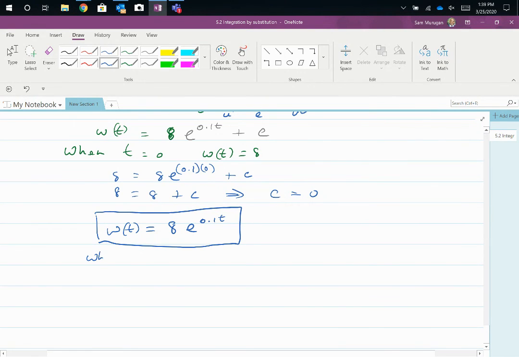So when T is equal to 6 hours, W(6) is equal to 8 times e to the power 0.1 times 6. You put that into a calculator, and they want the answer rounded to hundredths. So this is equal to 14.58 grams.